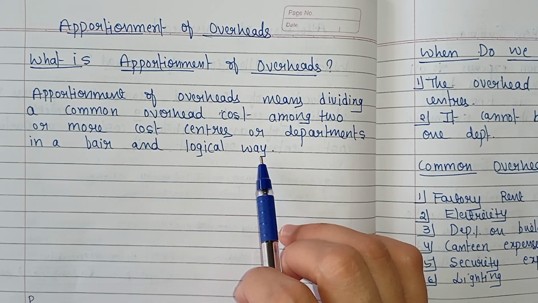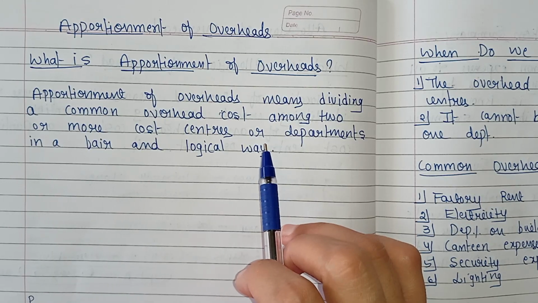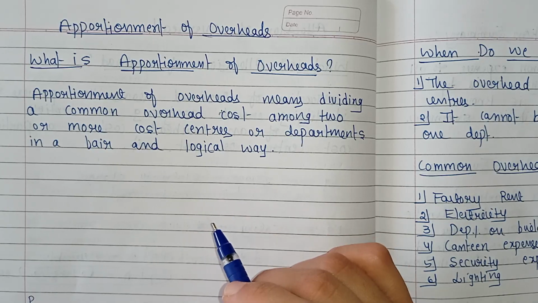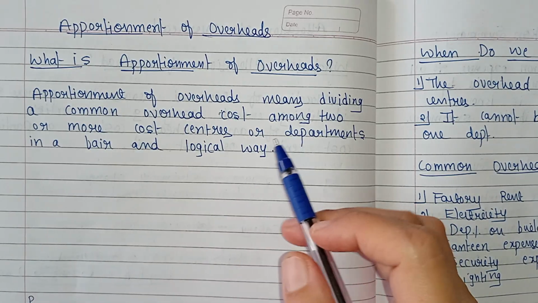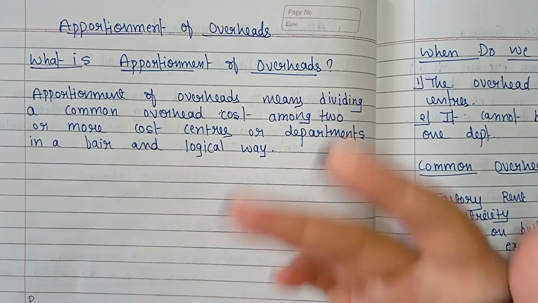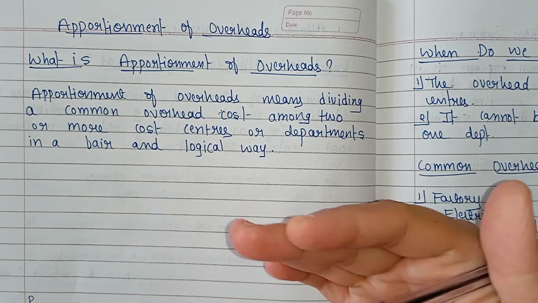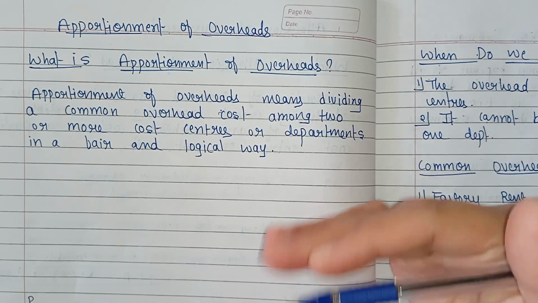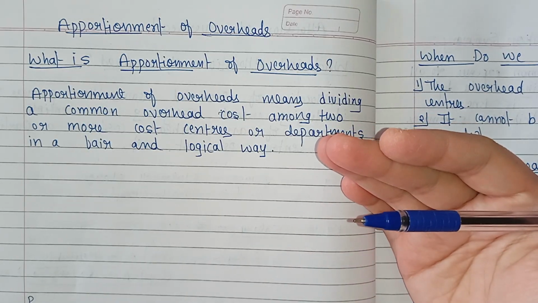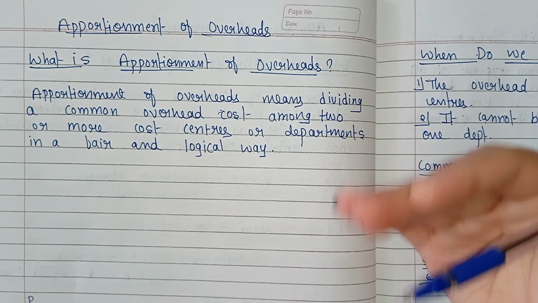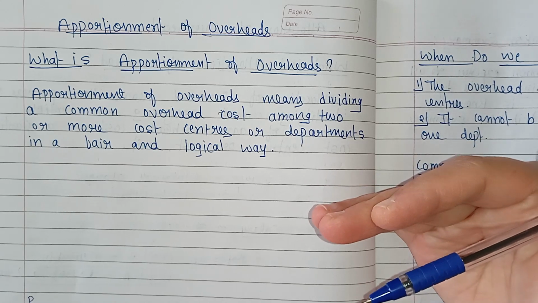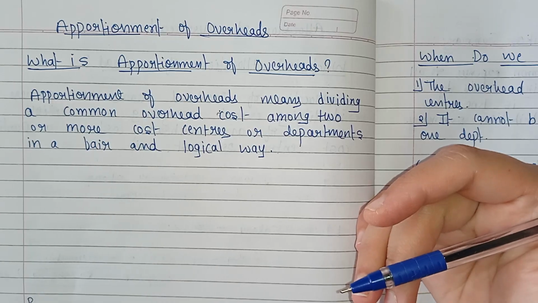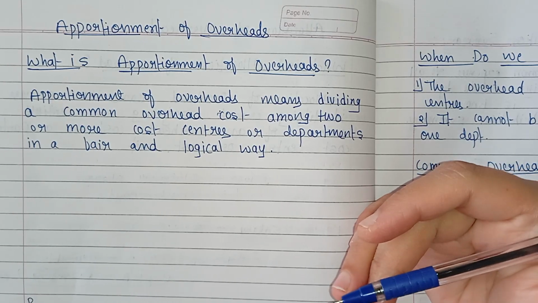Allocation means assigning the whole cost to a single cost center, but apportionment means dividing the overhead cost among two or more departments or cost centers, right? That is the difference between allocation and apportionment of overhead.